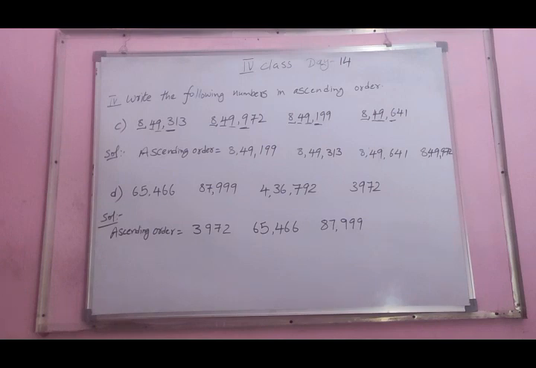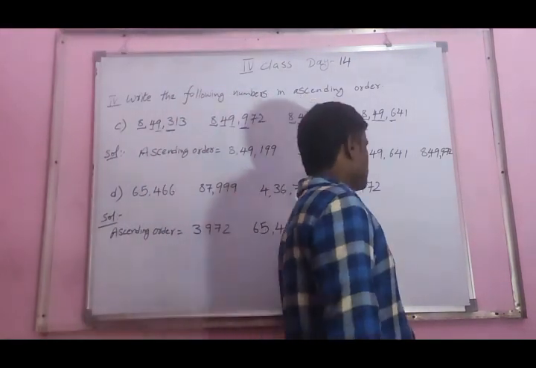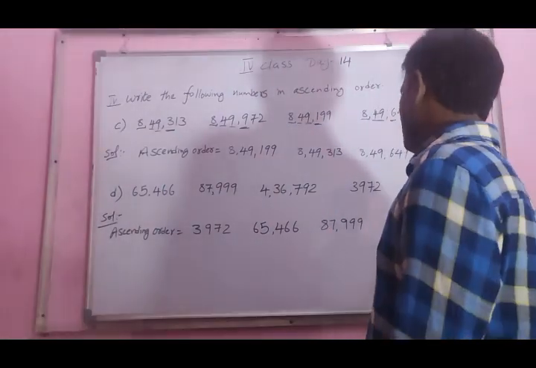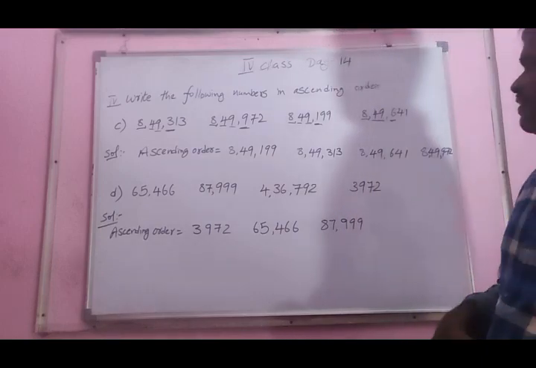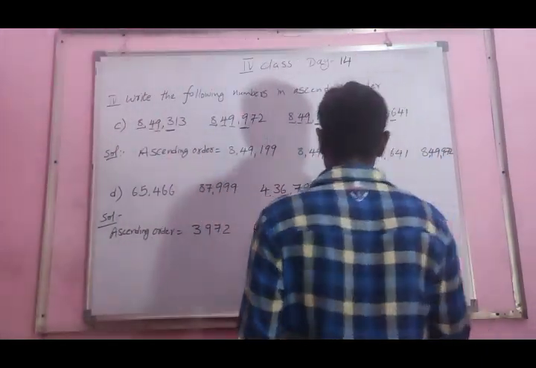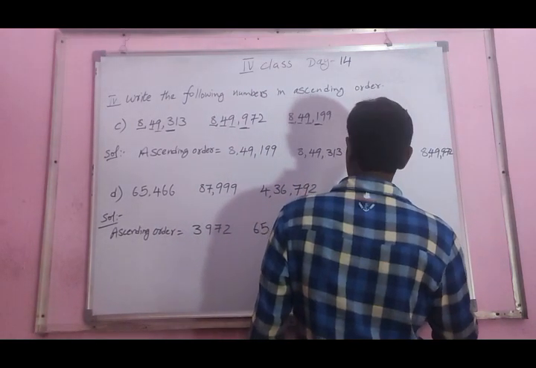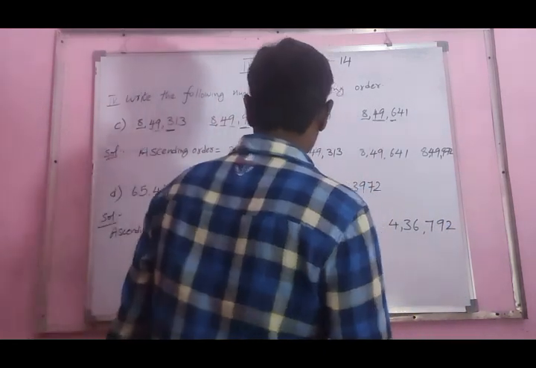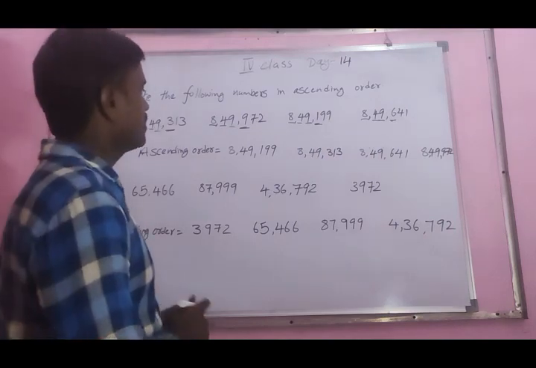So third number is 87,999. Finally, fourth number is 4,36,792.